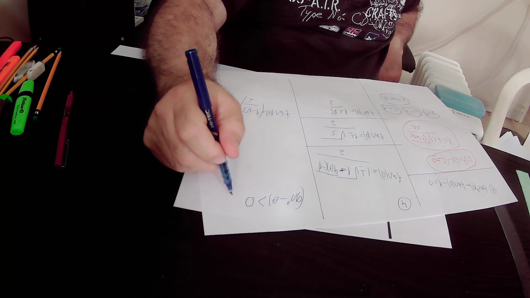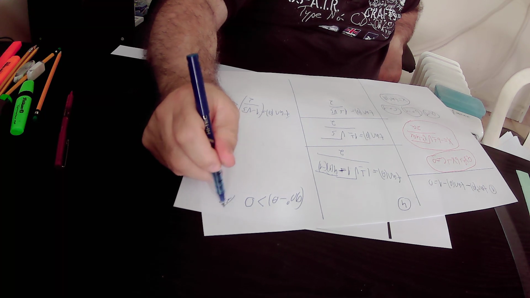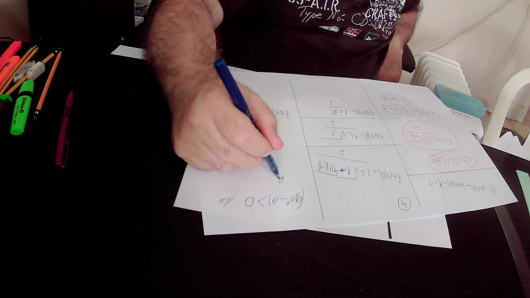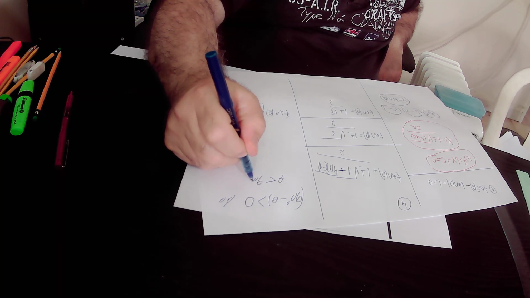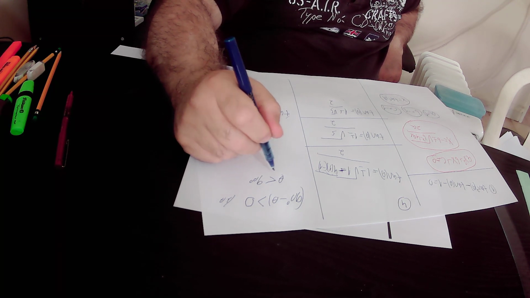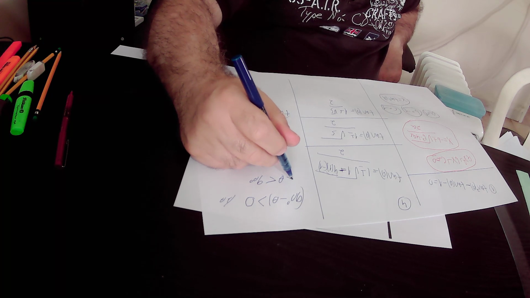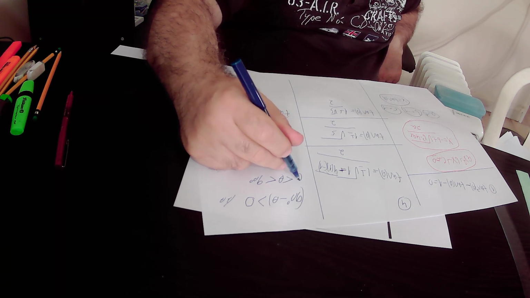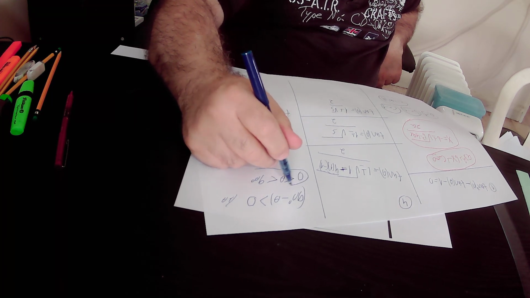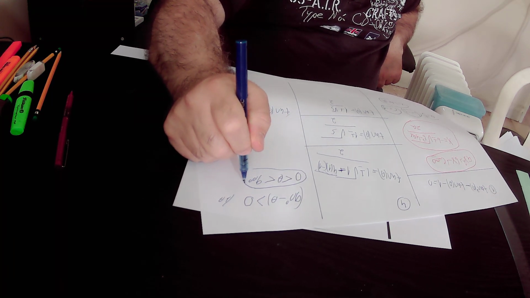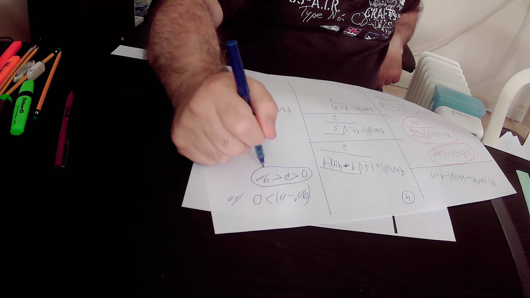So we'll add theta to this inequality and we'll get that theta is less than 90 degrees from one side, but theta must be a positive angle from the other side. So we found out that the range of angle theta is from 0 to 90 degrees.